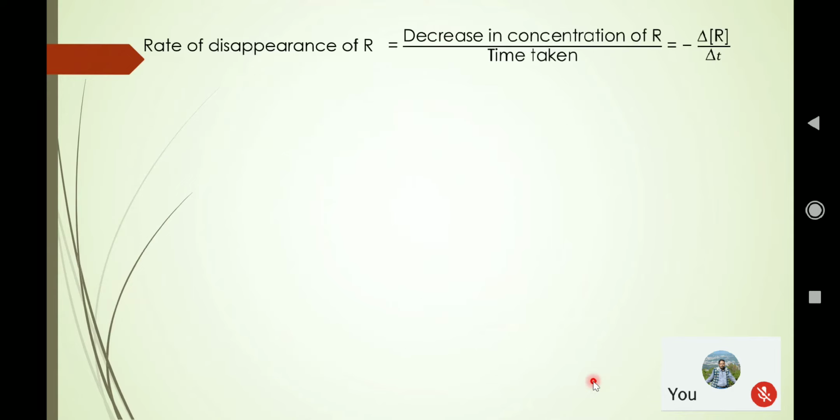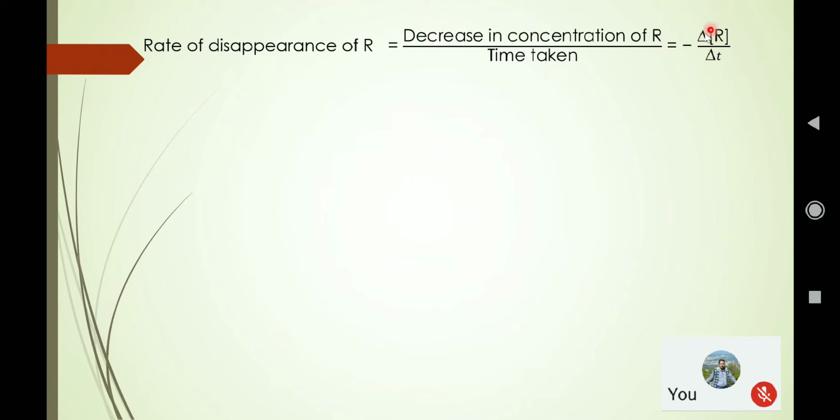Now the rate of reaction can be explained as the rate of disappearance of R, which is equal to the decrease in concentration of R with time. So it is minus dR by dt.